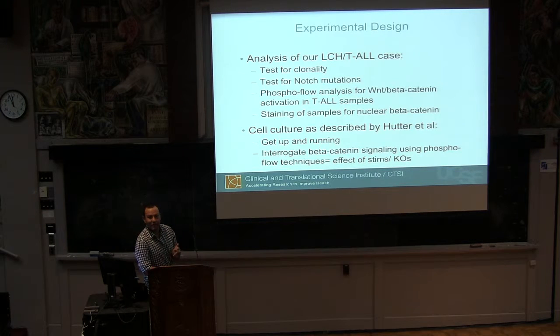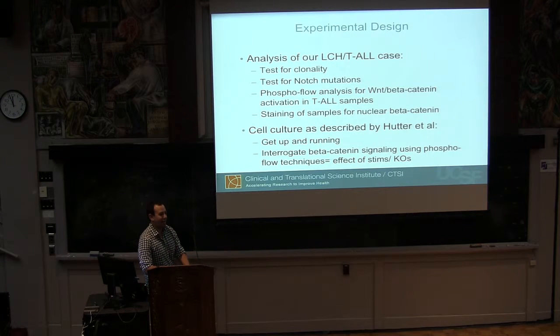So briefly, because I want to leave time for questions, what we are proposing to do. We have this LCH-T-ALL case that we're collaborating on with the guy down at Stanford; we actually saw this patient in the clinic there. What we're going to do is very similar to that first 2007 report. We're going to look for whether these are clonal, do they have a Notch1 mutation?